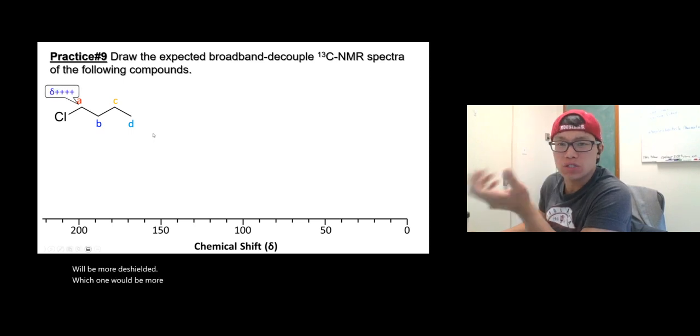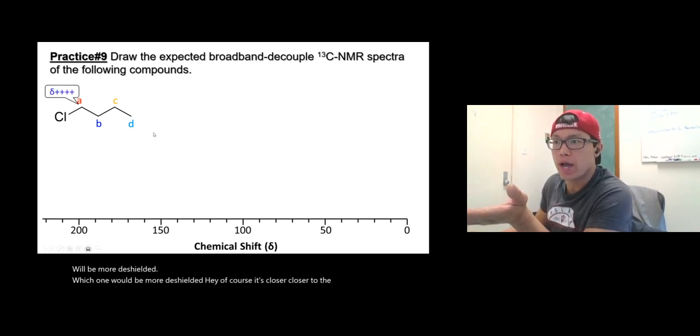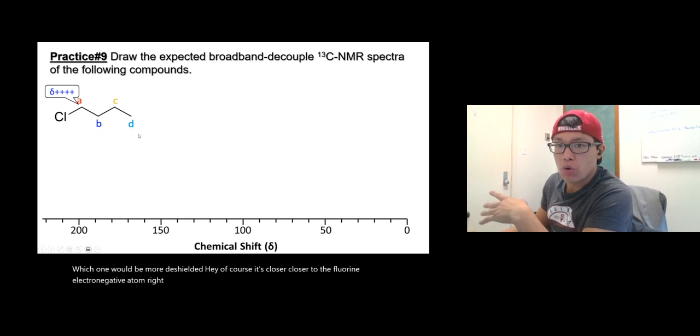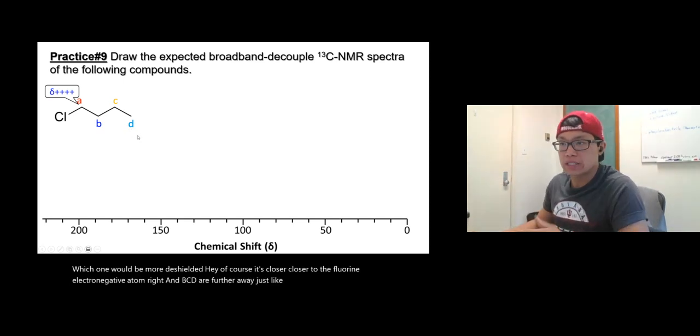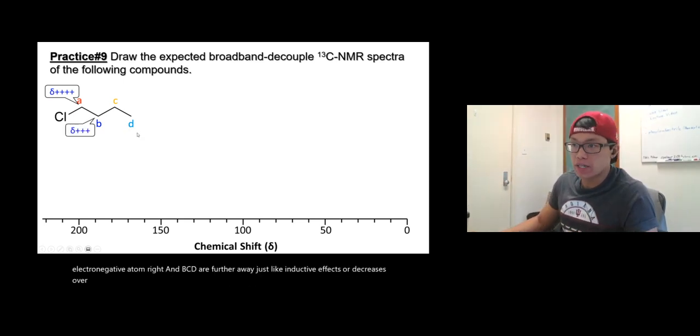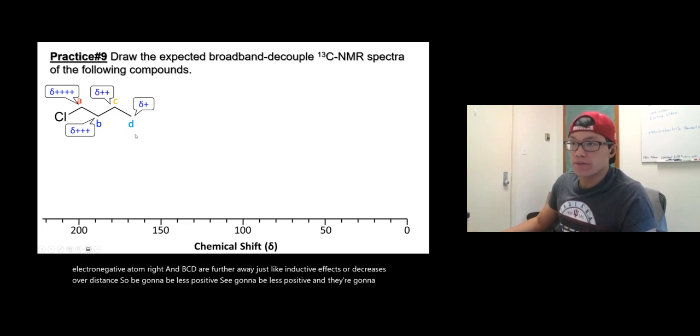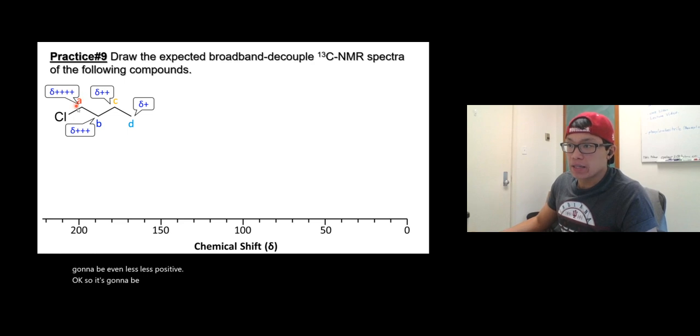A, of course, because it's closer to the electronegative atom, and B, C, and D are further away, just like the inductive effect, which decreases over distance. So B is going to be less positive, C less positive, and D even less positive. A is the most deshielded, and D is the most shielded.